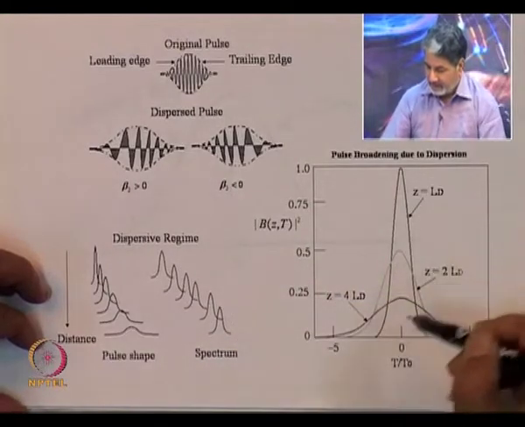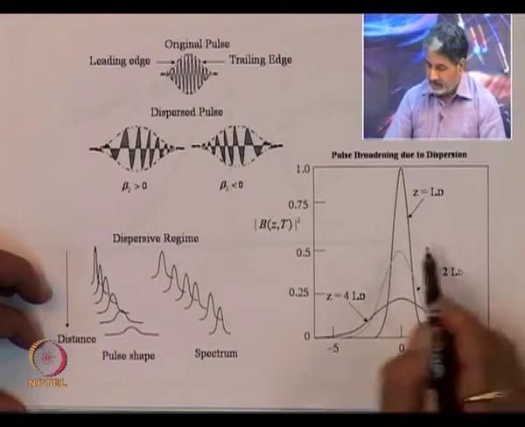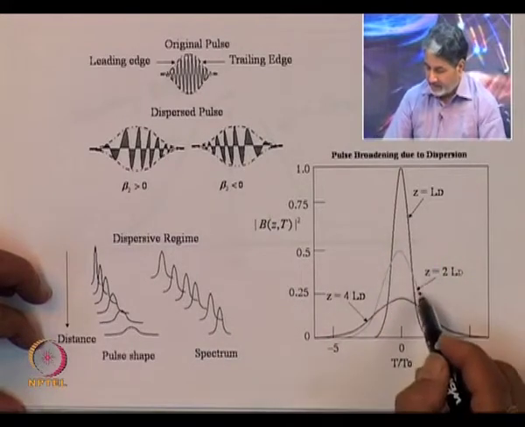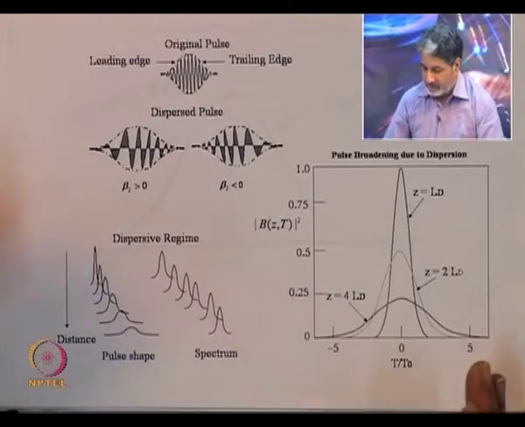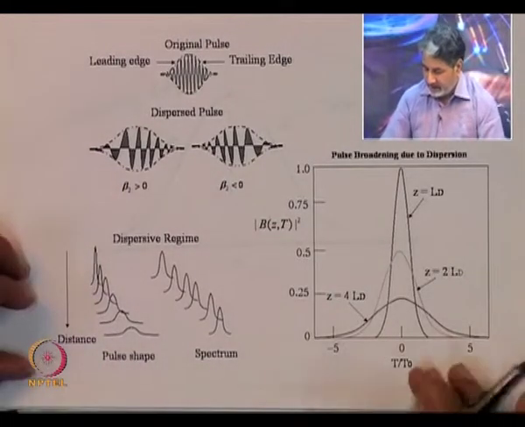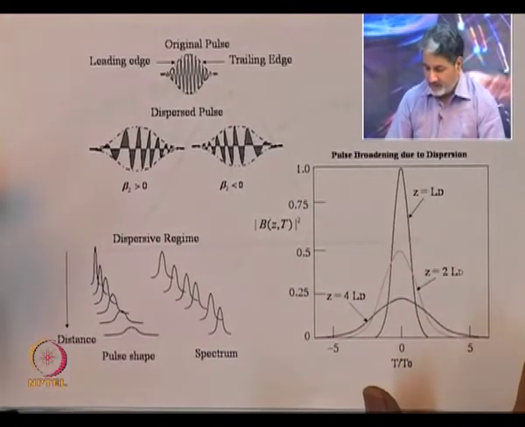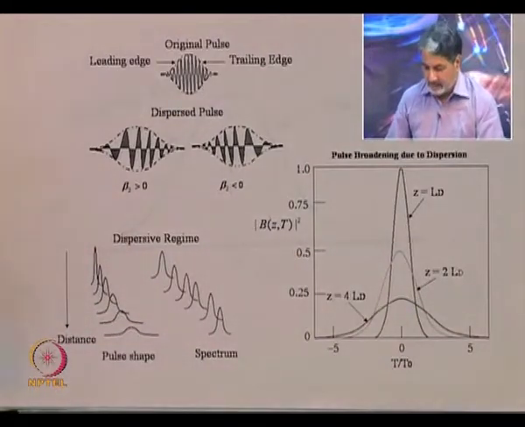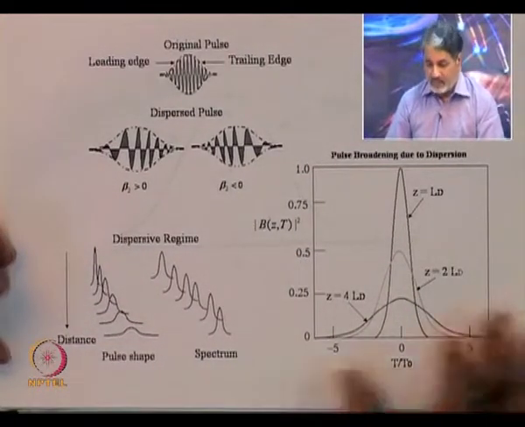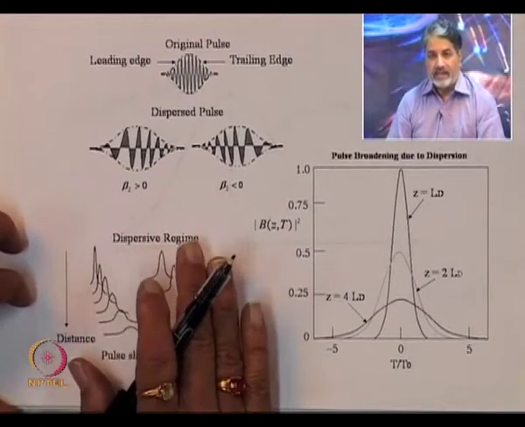Initially the pulse was like that, after a distance the pulse is broadened, it gets further broadened, and so on. If you start with a Gaussian pulse, as the pulse travels the shape remains Gaussian, but its broadening continues as the pulse propagates on the optical fiber, and there is a linear frequency modulation inside the optical pulse.